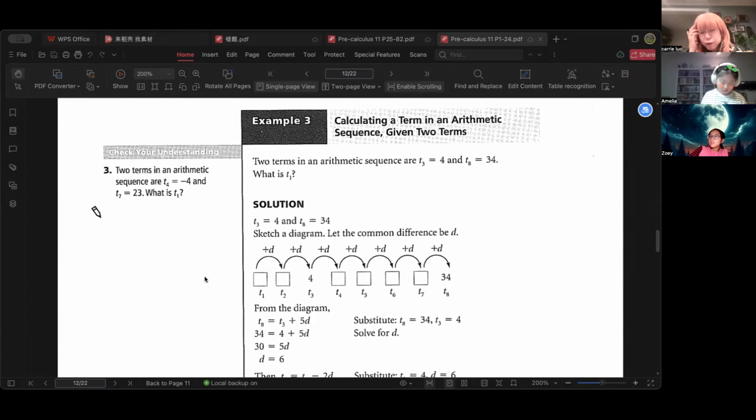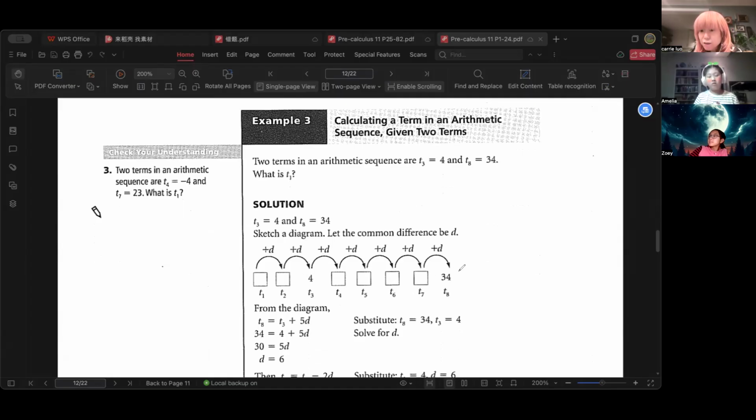Okay, so let's take a look at number 3. Number 3 is different. Before, we all knew what T1 is and what D is, right? But this time, we know what term 3 is and what term 8 is. First of all, I'm just drawing a table for you. T3 is the number sitting on the third term of the sequence, right?